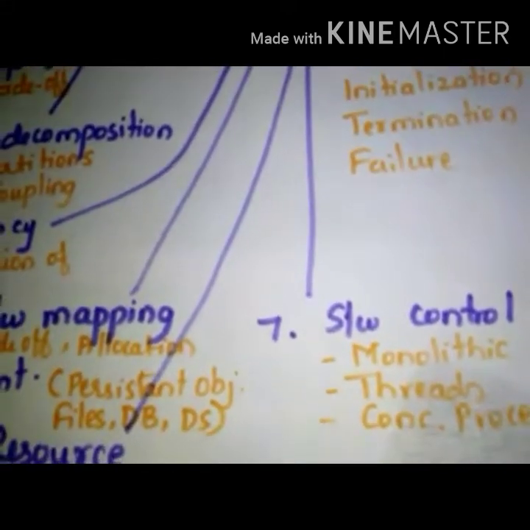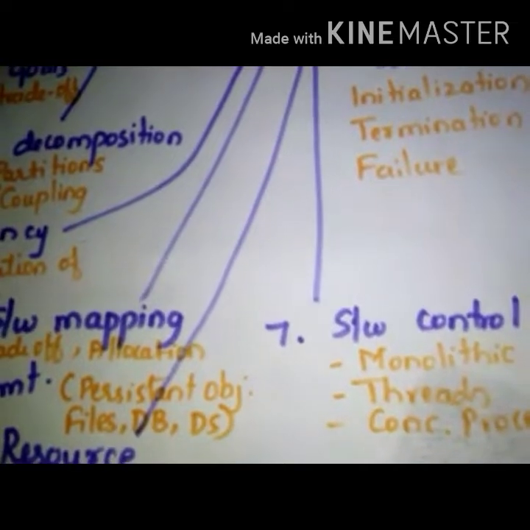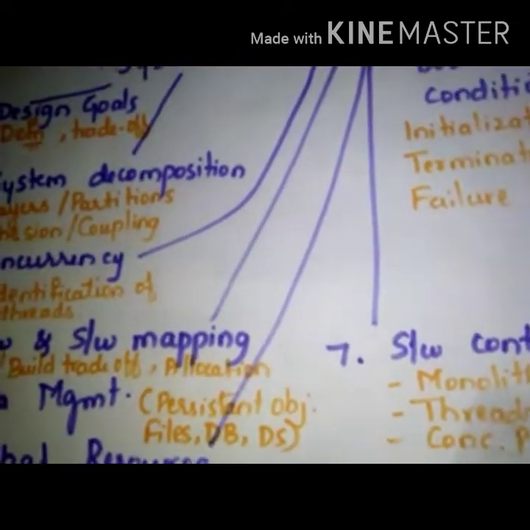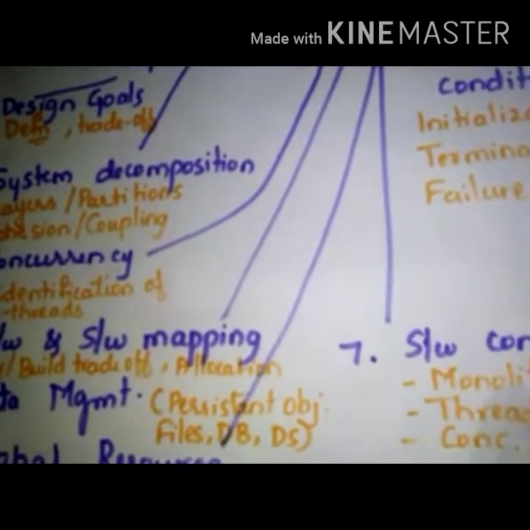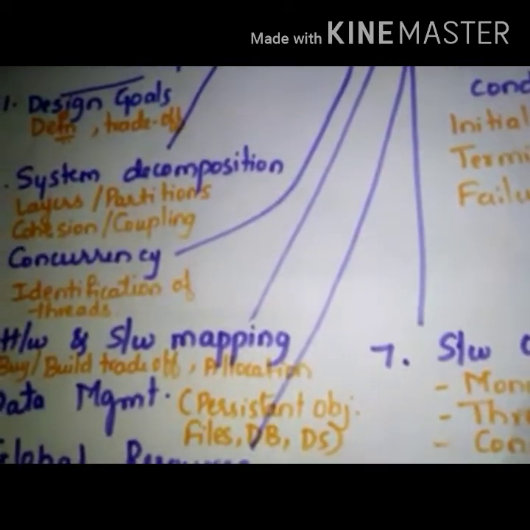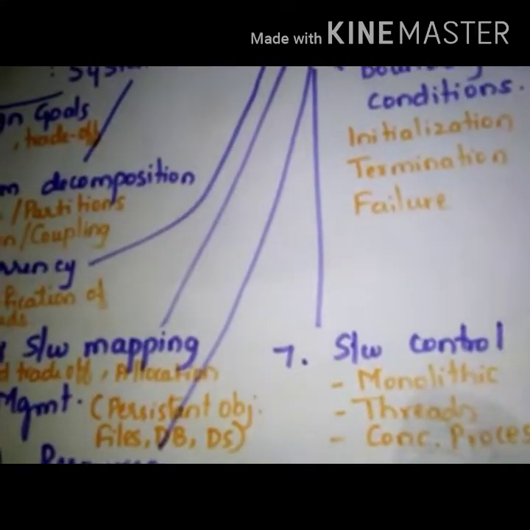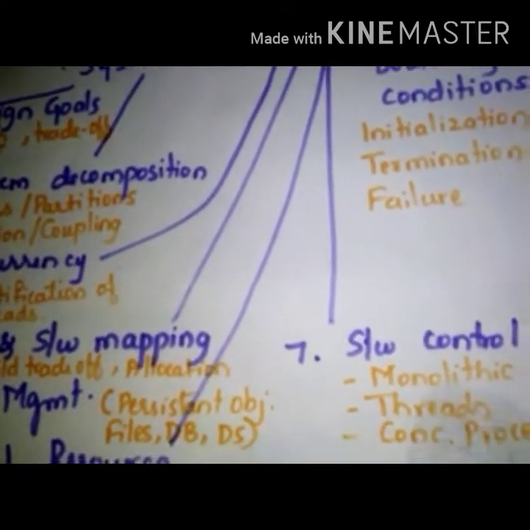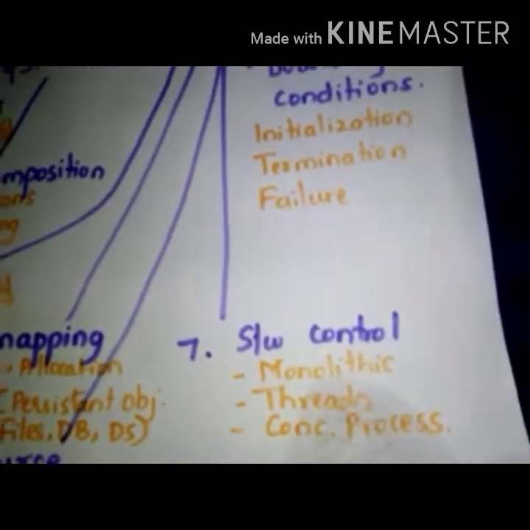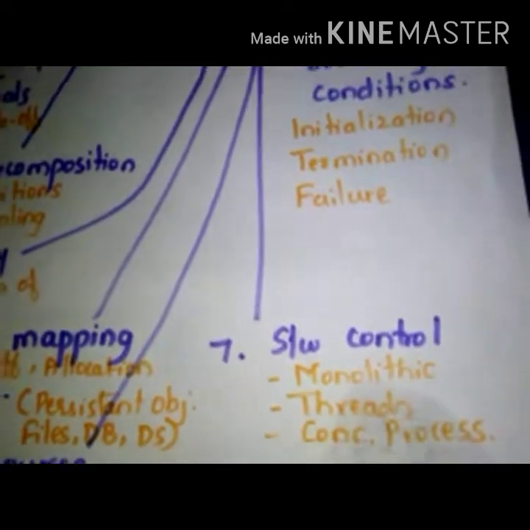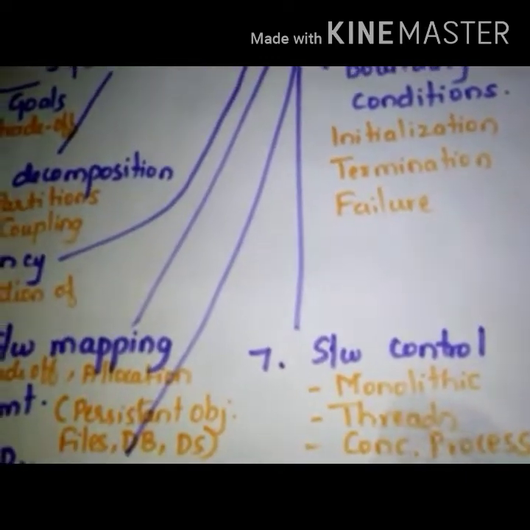Next is the software control. The software control deals with what kind of software you are developing. That is, decide if it is monolithic, where the system is designed without modularity and a single application handles the software part as well as the user interface and the data access. You are not taking the help of another software to deal with the database and the UI.